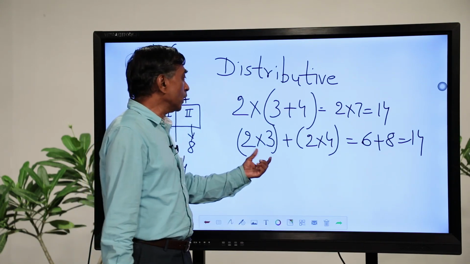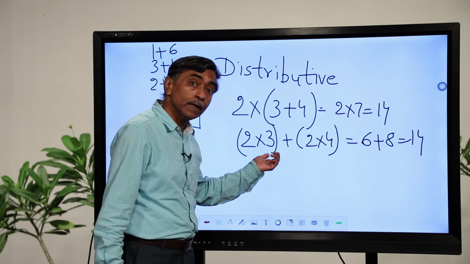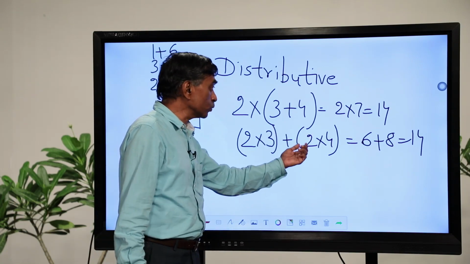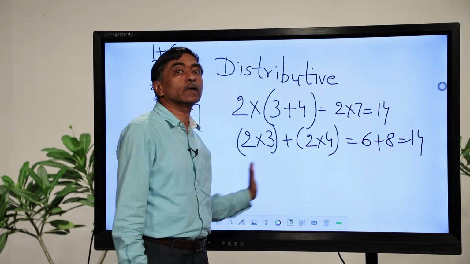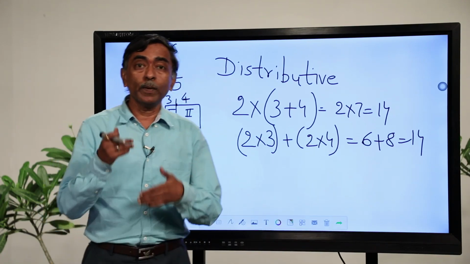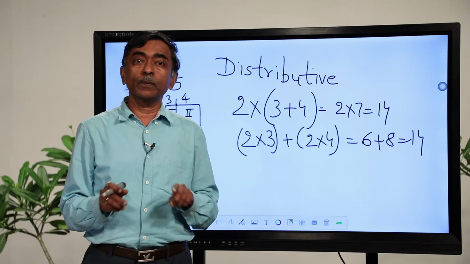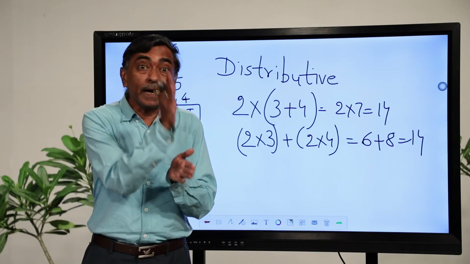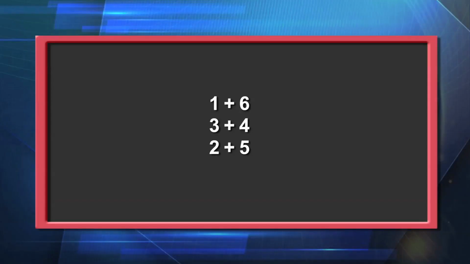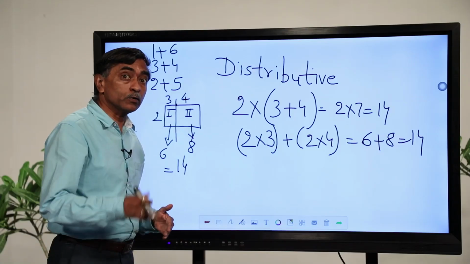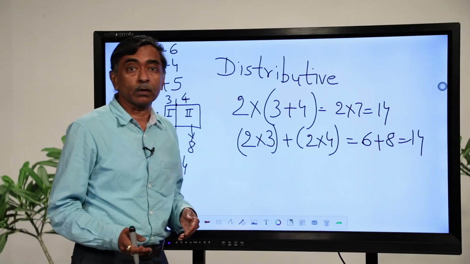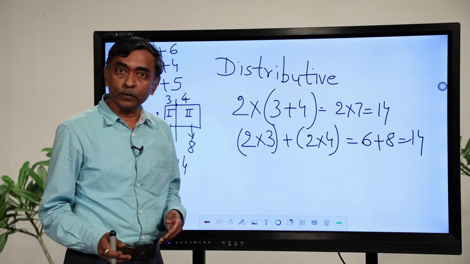The breadth is 2 centimeters, length is 3 centimeters; breadth is 2 centimeters, length is 4 centimeters, what do you get? So, try to do these things at your home, cut out pieces of different dimensions, divide them in such pieces, and see whether you are getting the same result or not, and that is what we call the distributive property.